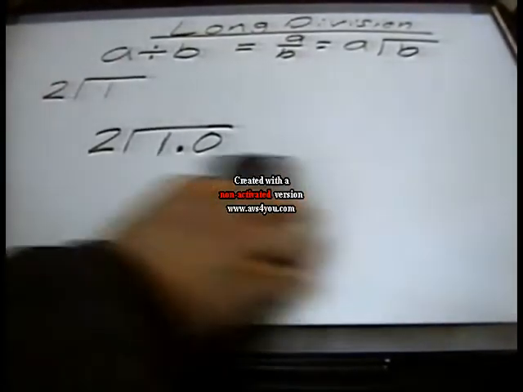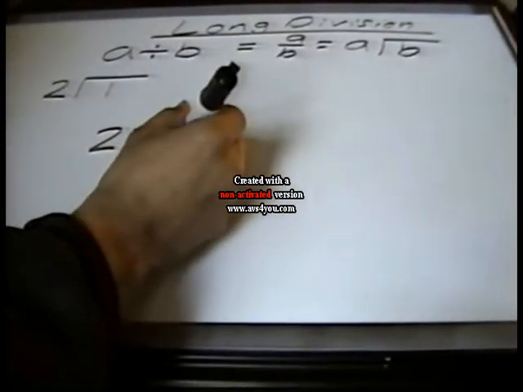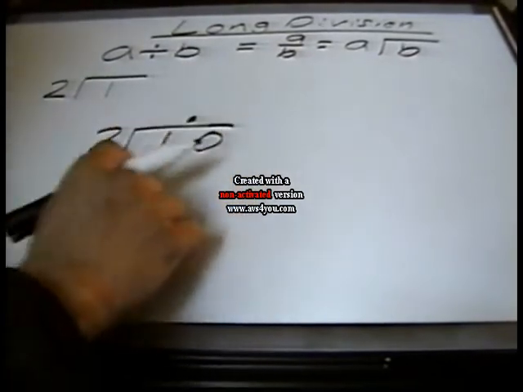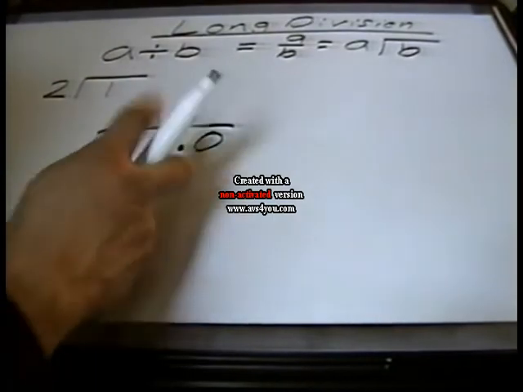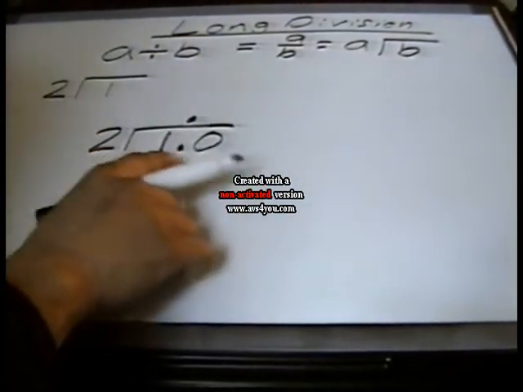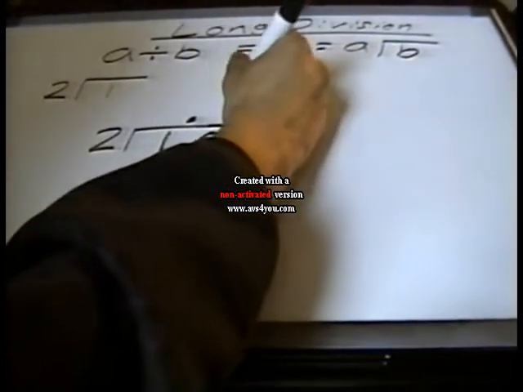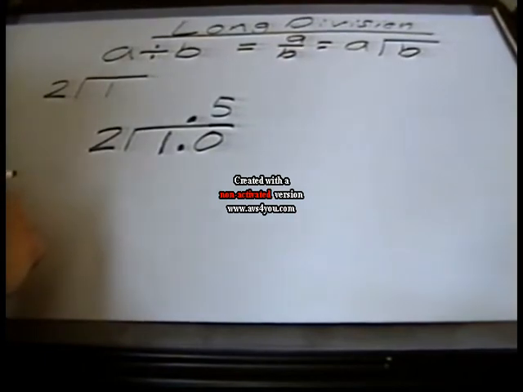So how that works here, we align our decimal points, keep your places aligned. Now we divide 10 by 2. 2 goes into 10 5 times.